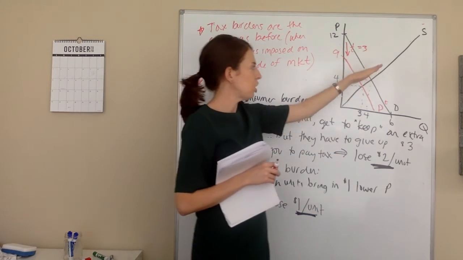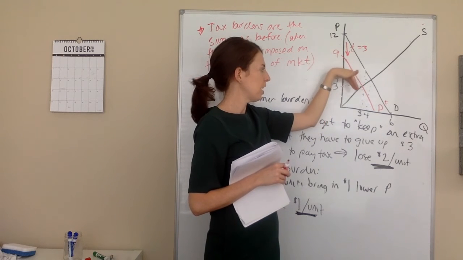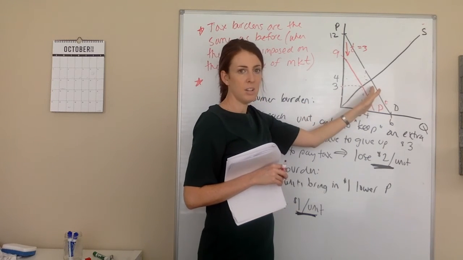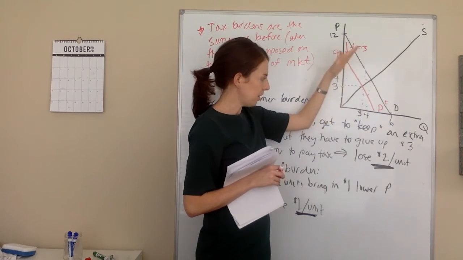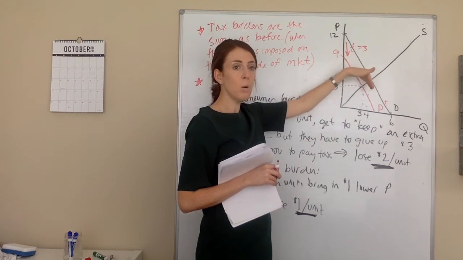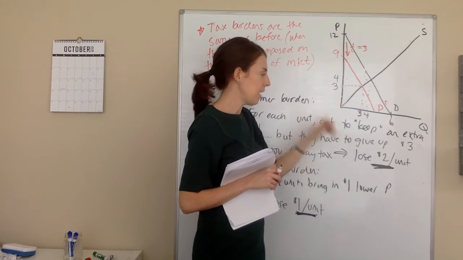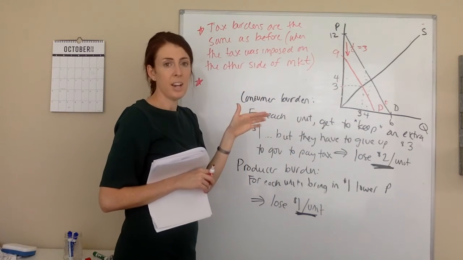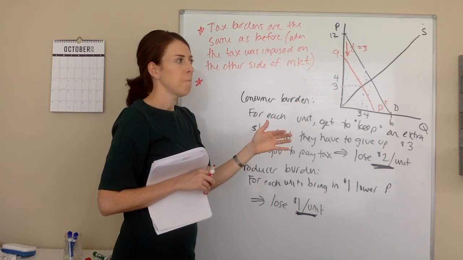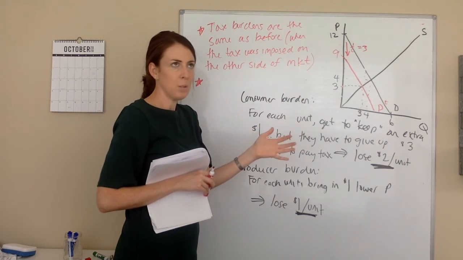Because we didn't change the structure of the supply and the demand, we just moved it up and down, the demand in this situation is still more inelastic than the supply, and so what we still get is that they have the bigger burden. So really the takeaway here is that when we're thinking about a government slapping a tax on a market, sometimes it's politically convenient to say that you're going to tax one side of the market.